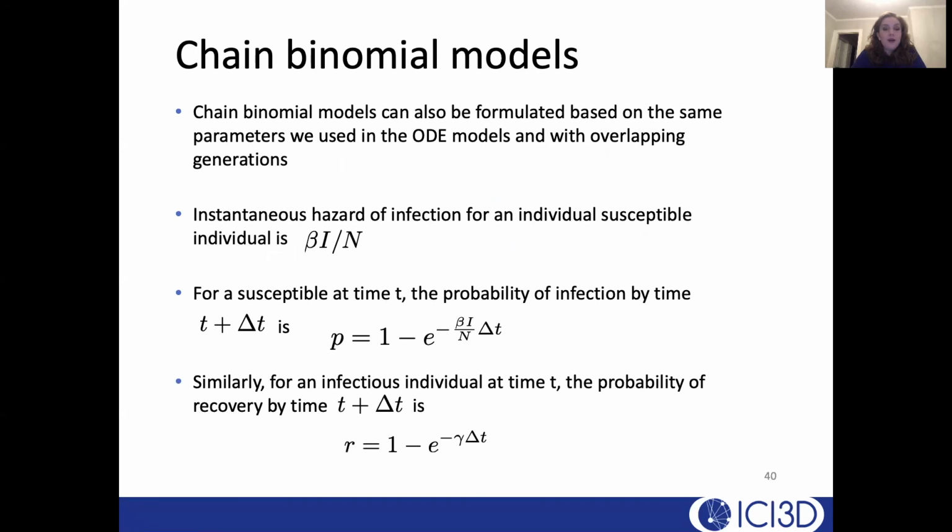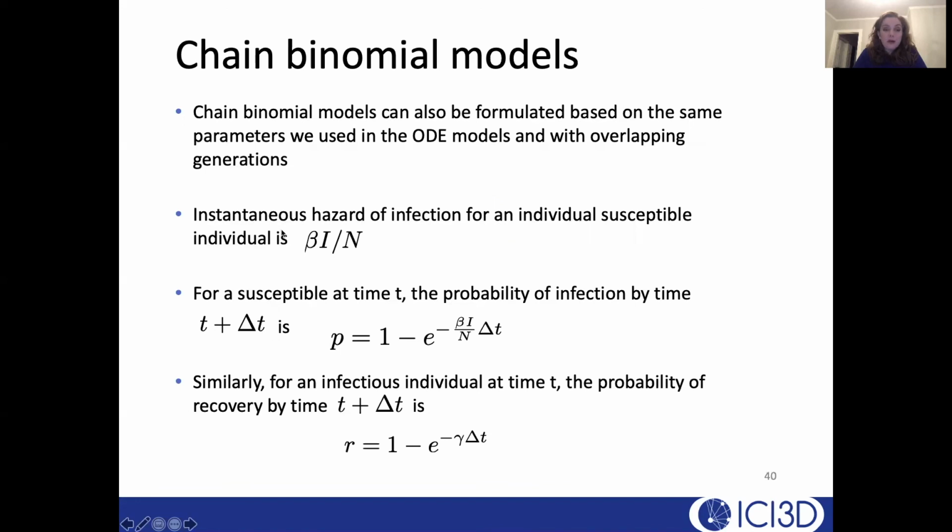So we've been talking in terms of probabilities p and r, but it's important to know that these probabilities can be thought of in terms of the parameters that you've seen for the differential equation models.